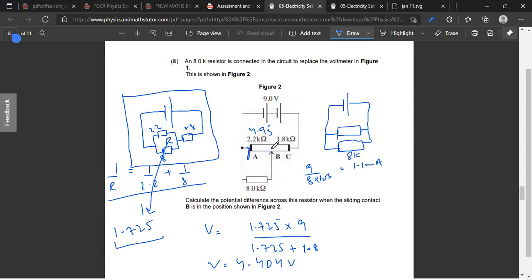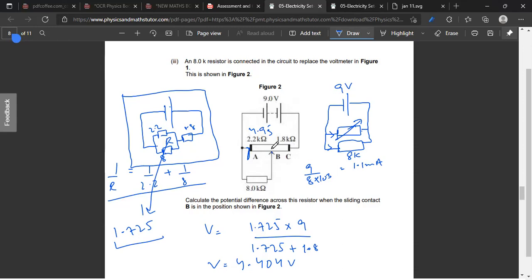In this case, the 9 volt will be going here and here, so that's the maximum current. But if I control the current using the potential divider, then we have an image like this, the one on the left. So 9 divided by 8 times 10 to the power 3. Okay, yeah, I get it.